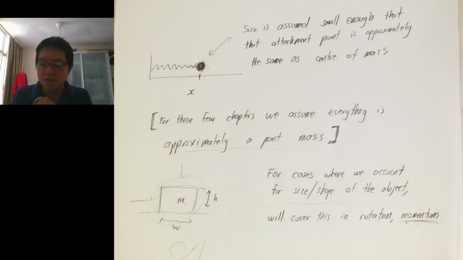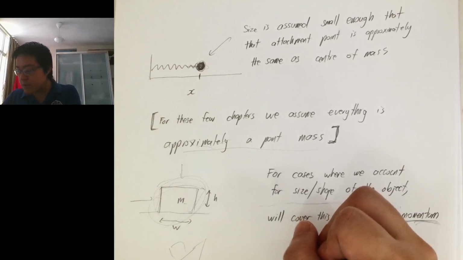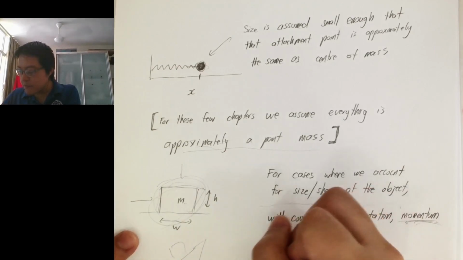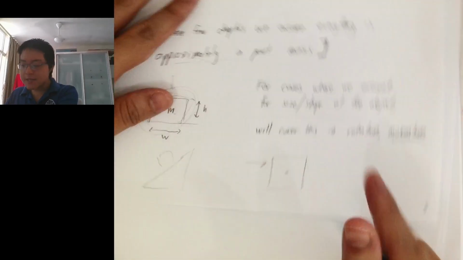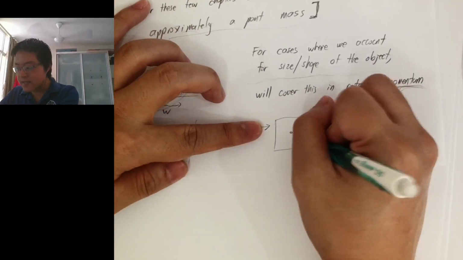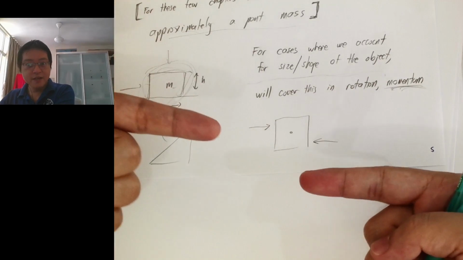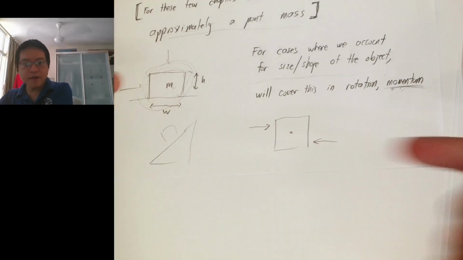So right now the size of the object doesn't affect the forces. The reason size will be important is for a rigid body. If I exert a force here and another force here, most of the time we assume they're parallel and cancel each other.